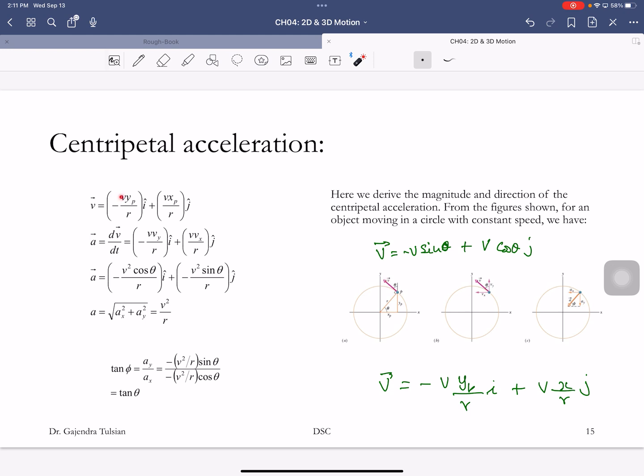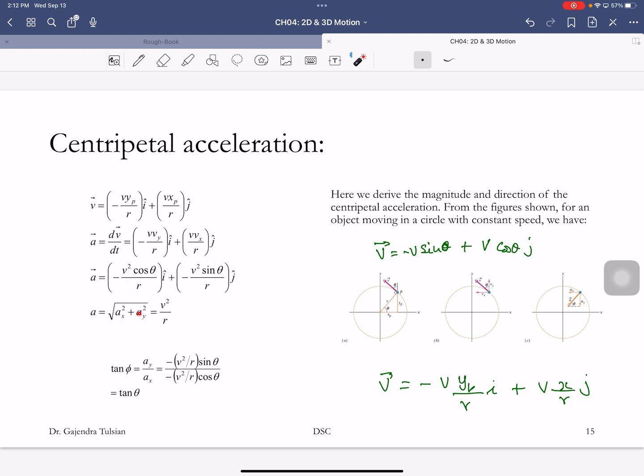The only things changing are the y coordinate and the x coordinate. So if you take the time derivative of that, that will give you the acceleration. The time derivative of y is that. The time derivative of x is that. So there's the x and y component of the acceleration, and you can rewrite them like that.